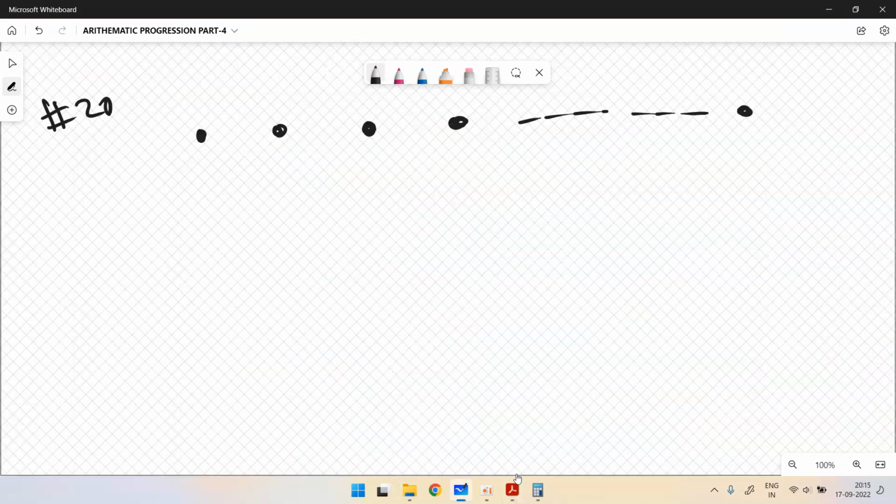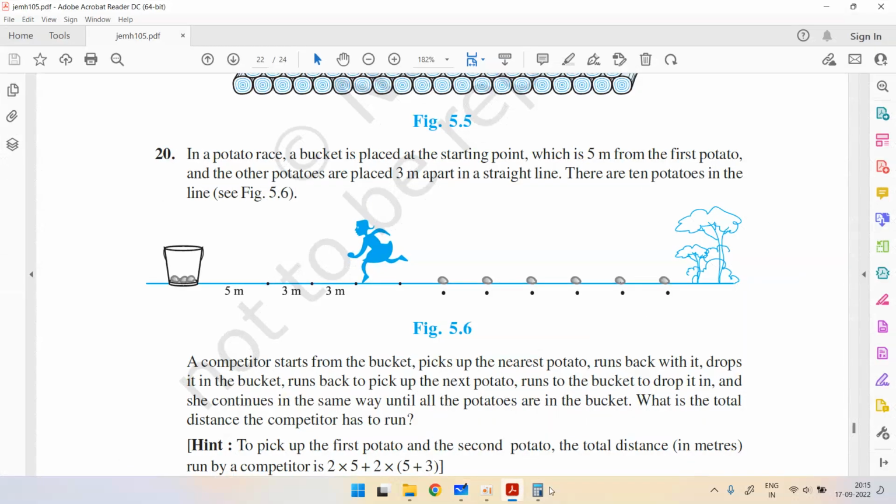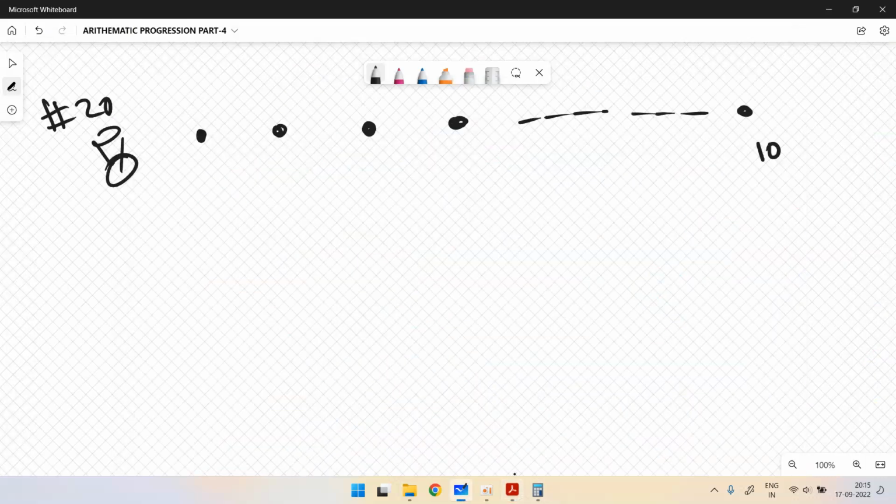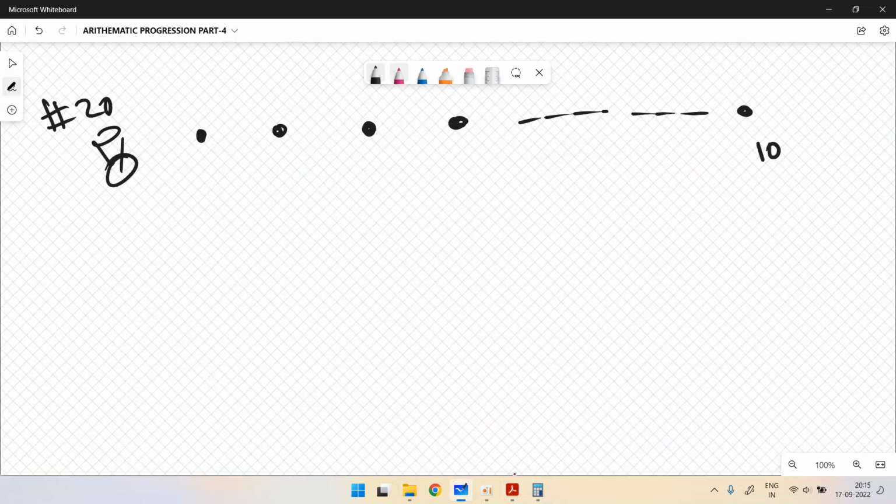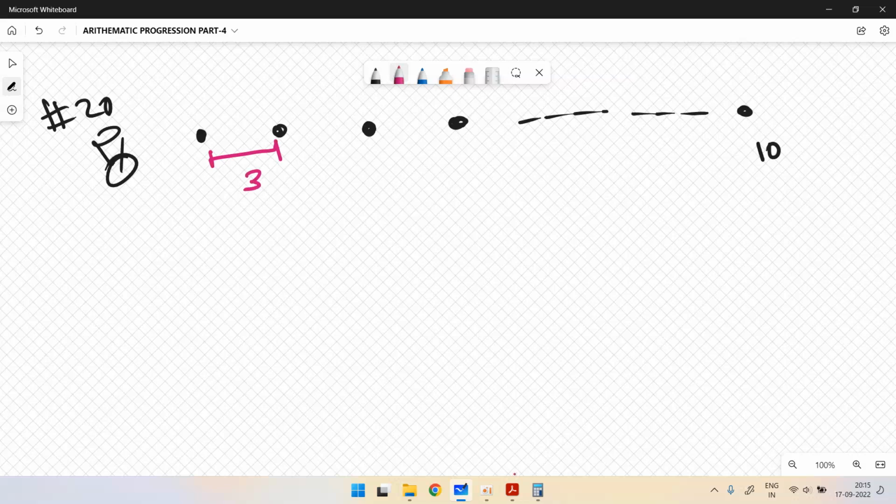And there's a bucket here where you need to drop them. The first potato is 5 meters away, and at every 3 meters there are other potatoes. So this will be 3 meters, this will be 5 meters.